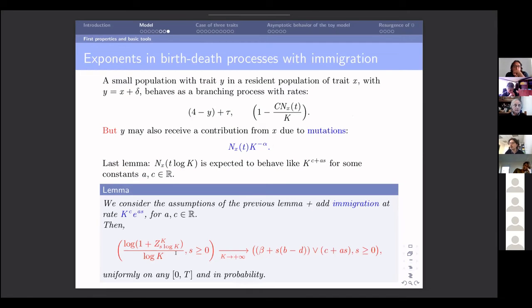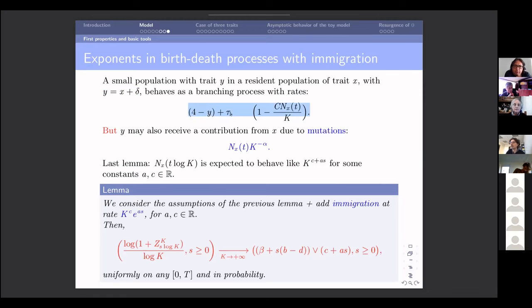Second one: I'm going to need to consider branching processes with immigration, because when I look at one population, it may behave locally as a linear birth and death process, but you may have mutations incoming from the previous population. These mutations can be seen as immigration. So following the previous ansatz, I may be concerned with a population of trait y, which is x plus delta.